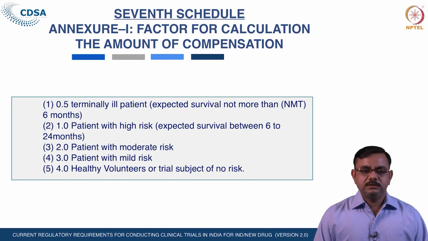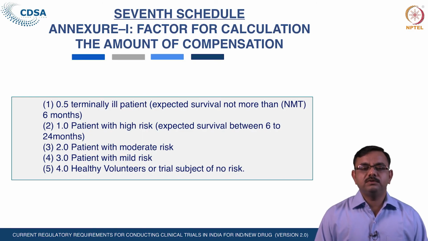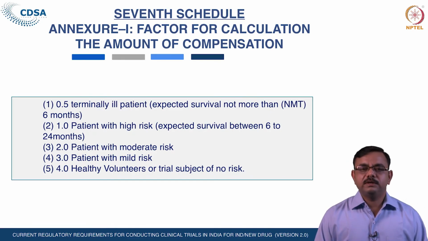The second is factor 1, when the patient is at high risk, that is, if the expected survival is between 6 to 24 months, then we can say it is high risk, and the factor to be considered is 1. Subsequently it has given factors 2, 3 and 4. If the subject is a healthy volunteer or trial subject, then there is more risk and the factor is high.